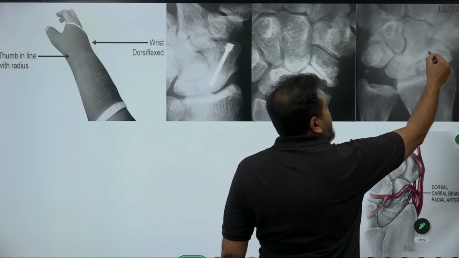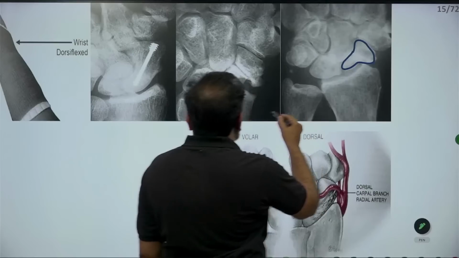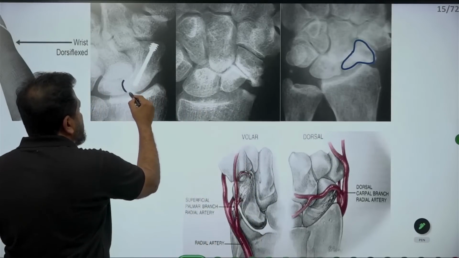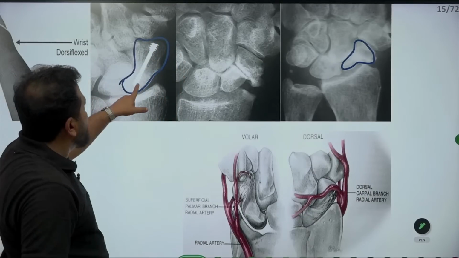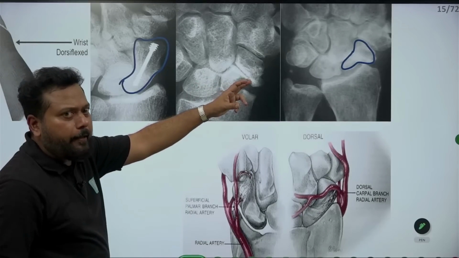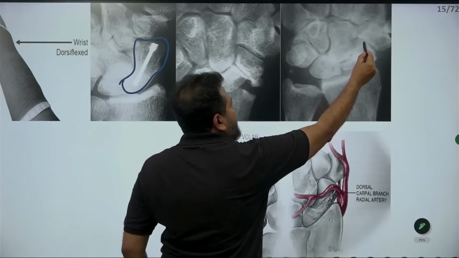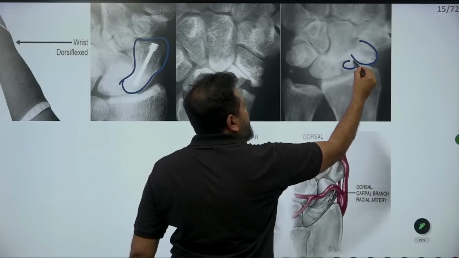You see the scaphoid, it has shrunken. It is not having the shape like this. See how elongated this bone, scaphoid, normally is. It is shrunken. And when you look carefully, the distal pole I am seeing here, this big, and the proximal pole is almost absorbed.